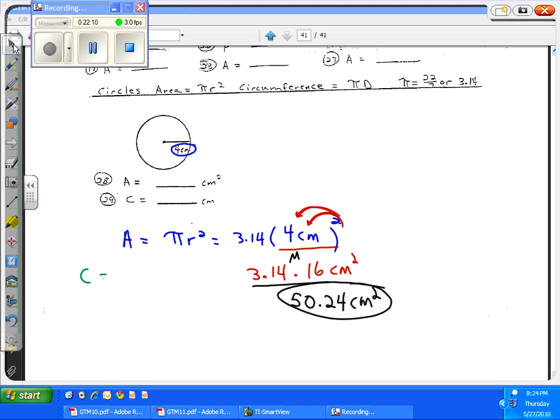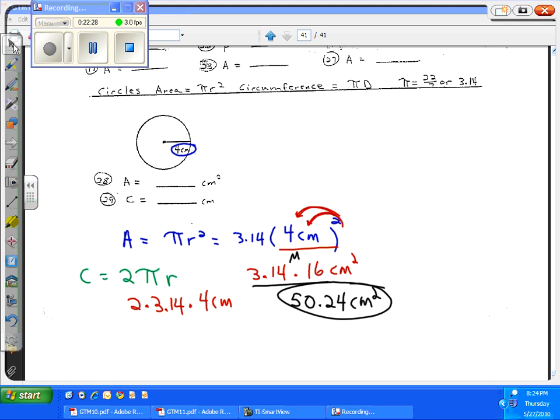So we got that. The circumference is 2 times pi times the radius. So the circumference is 2 times pi, which is 3.14, times the radius, which is 4 centimeters.